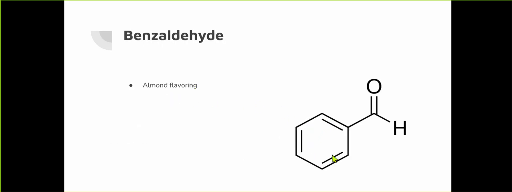Benzaldehyde: we've got this benzene ring with this aldehyde group on it. So this is all benzaldehyde. This is responsible for almond flavor. This generates an almond flavor.